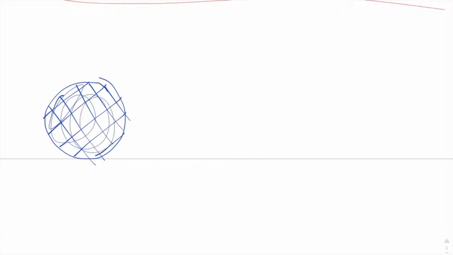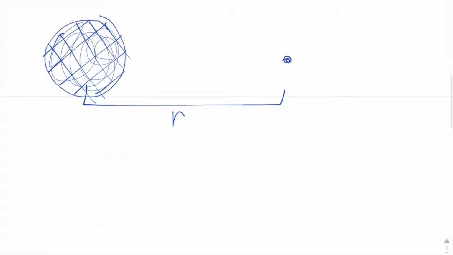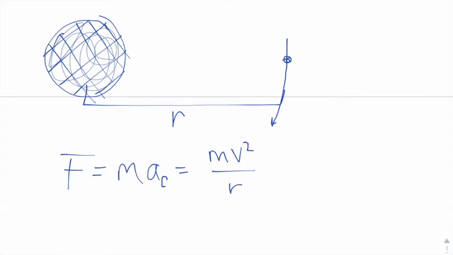So if this is a galaxy here, and you have an object orbiting it a distance r away, we know from Newton's law that F equals ma, and since this object will be going in a circular path, we know that the acceleration will be a sub c, where that is the centripetal acceleration. So this equals mv squared over r.